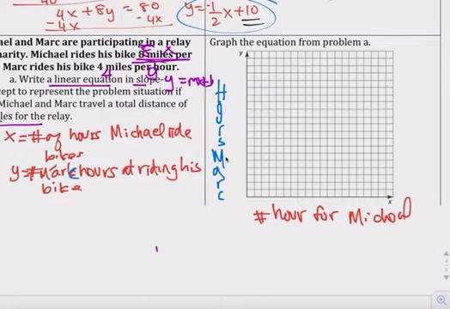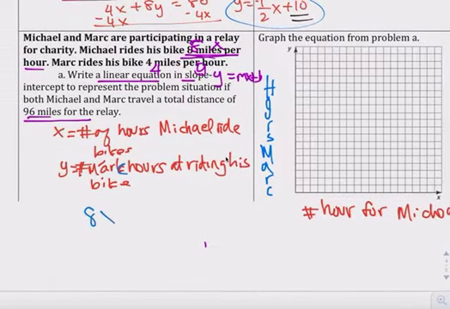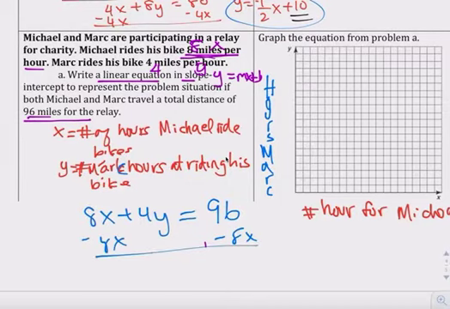That's for y. Write the equation. 8x plus 4y, they wrote a total of 96 miles, equals 96. Okay, minus 8x, minus 8x. 4y equals negative 8x plus 96.